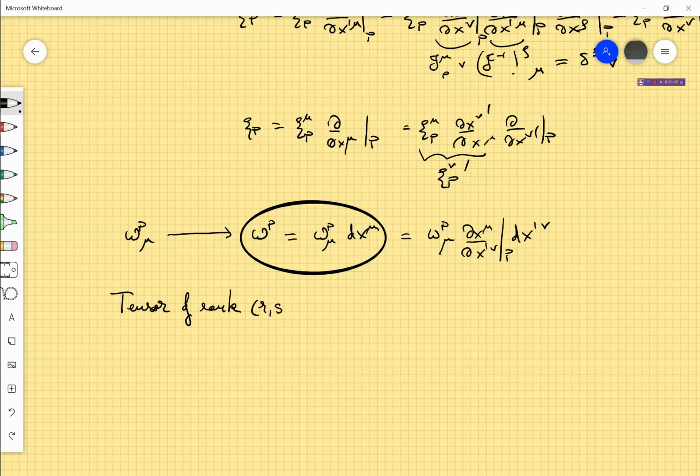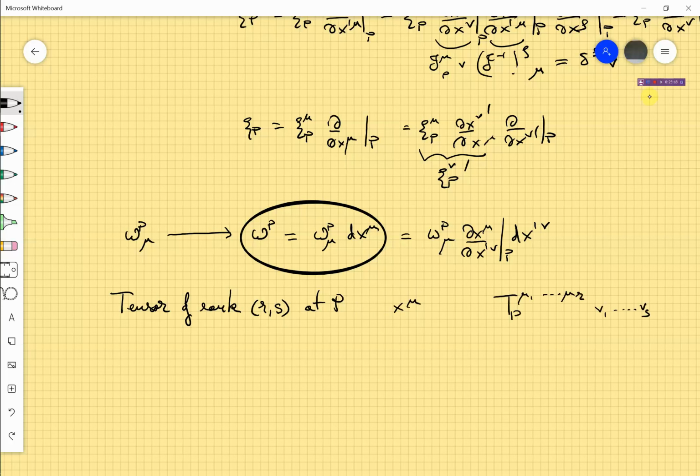r, s at the point P, okay, is an object whose components in the coordinate system x mu, so we have this coordinate system, and these components are defined in that particular coordinate system, and these components have r indices of this kind and s indices of this kind.